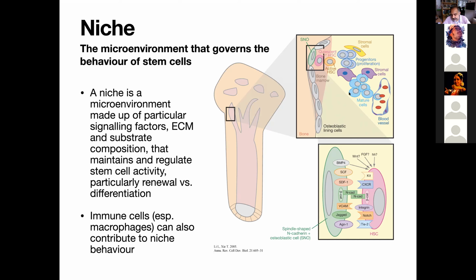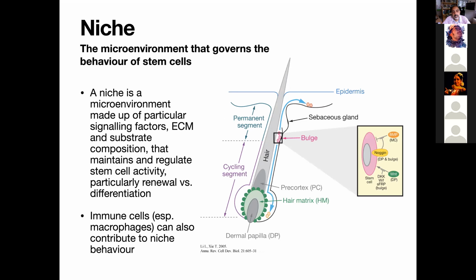And of course, there are many niches. One classic niche is the one that regenerates hair. In some of us, unfortunately, this is not working so well, but all of you are young, and so your hair stem cells are still very active. And this is a small population found on the side of the hair shaft.